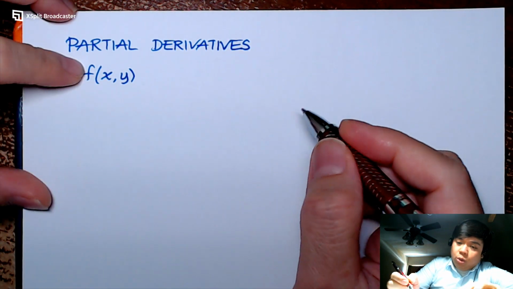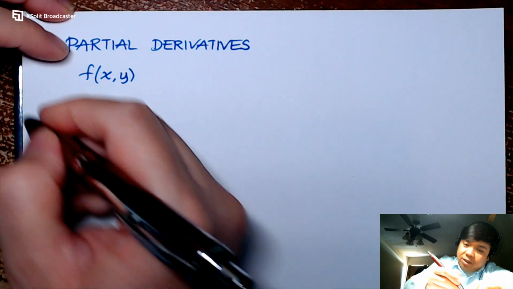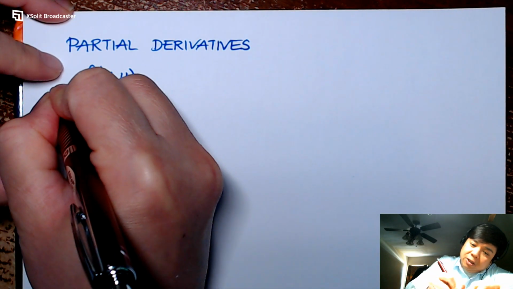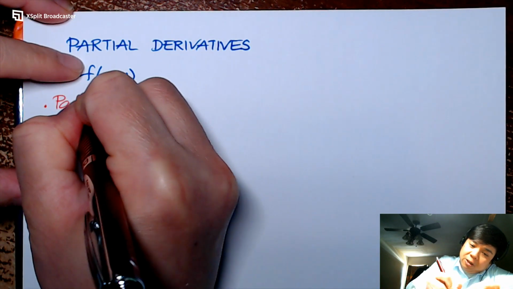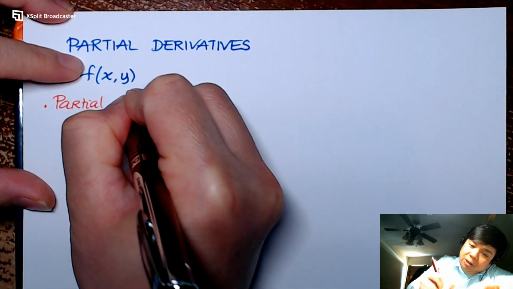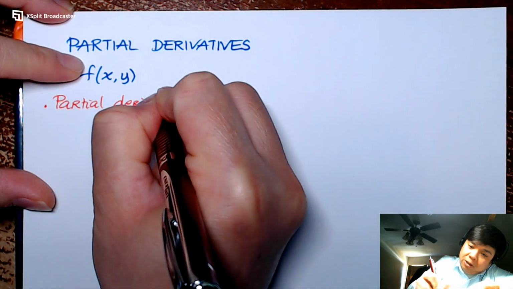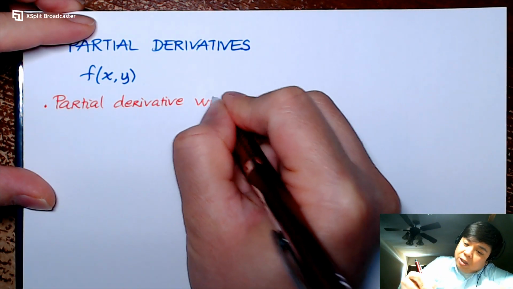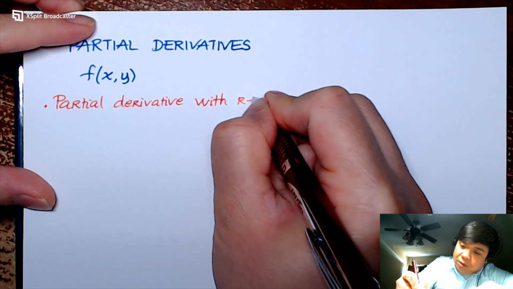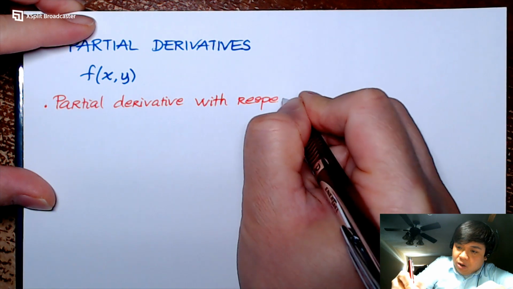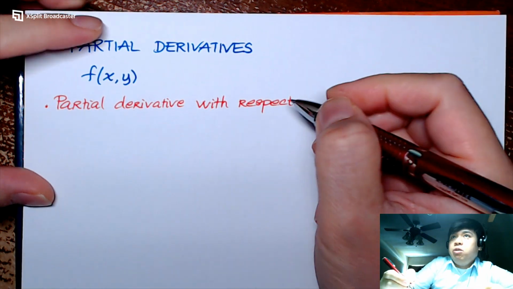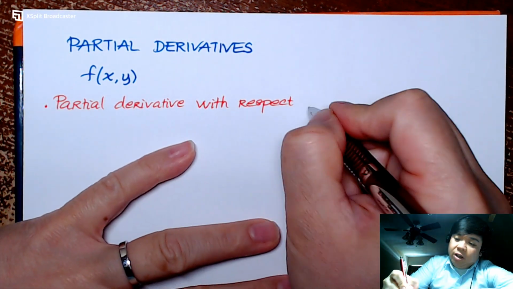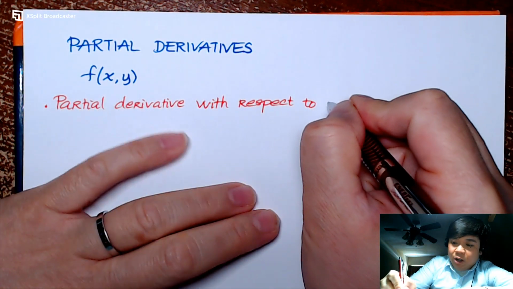So partial derivative with respect to x. We continue the notes later, but for now, I just want to review partial derivative with respect to x, one of the variables.